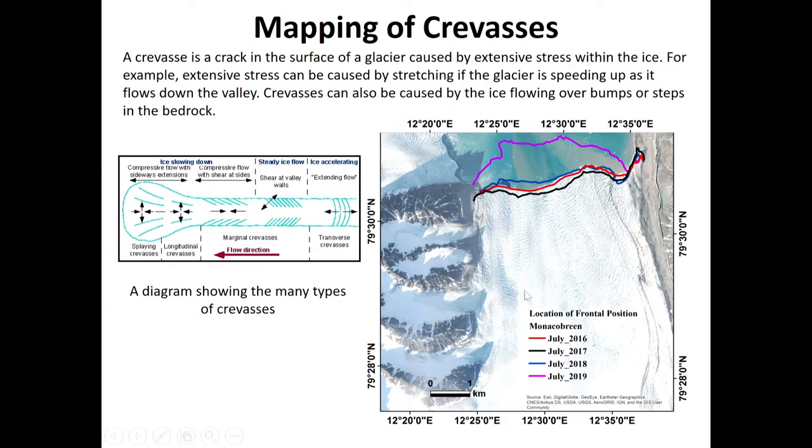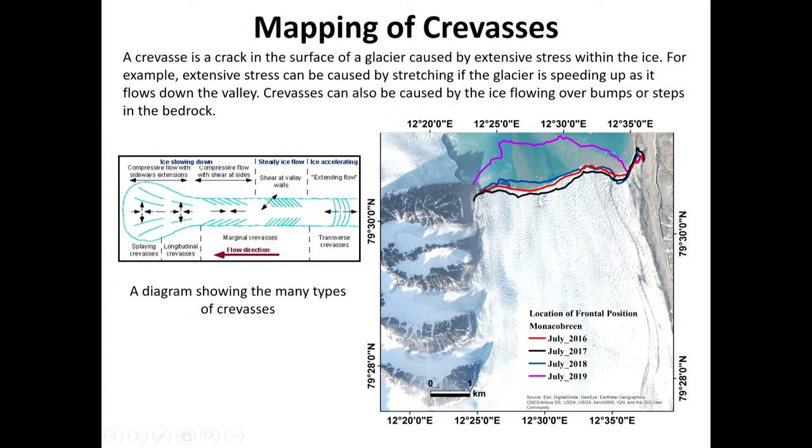As I told you, this is a sea terminating glacier, and during this time period the surge has also occurred. So different stresses are generated, and those induce the formation of the crevasses.